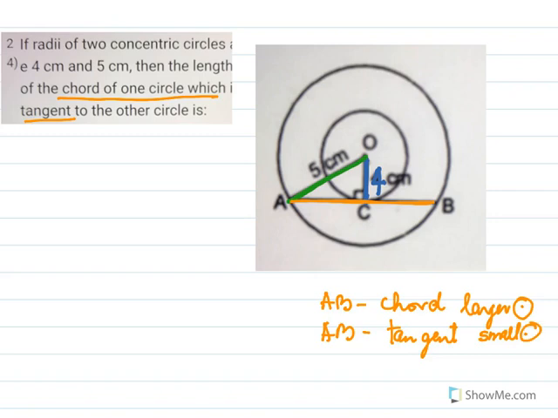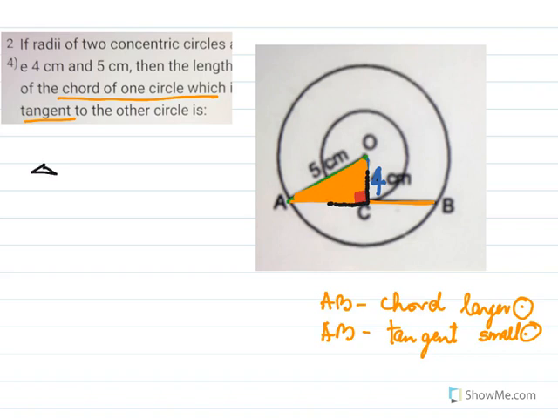To find this AB, we'll first focus on this triangle. In this triangle, we know this is 90 degrees. Why? Because OC is the radius and this is the tangent. So let's start from there.